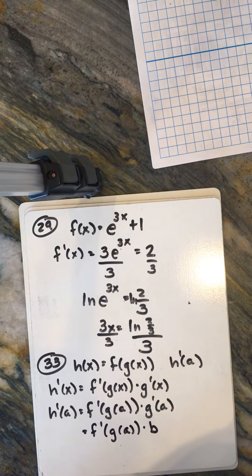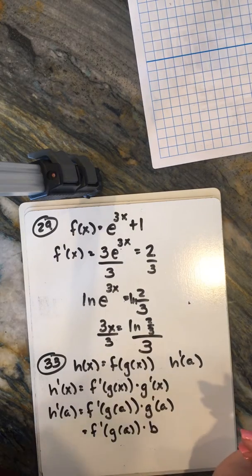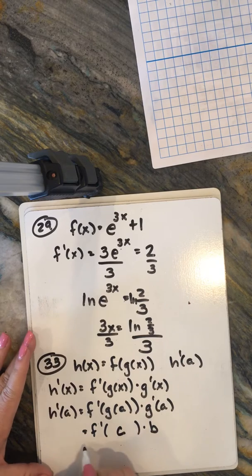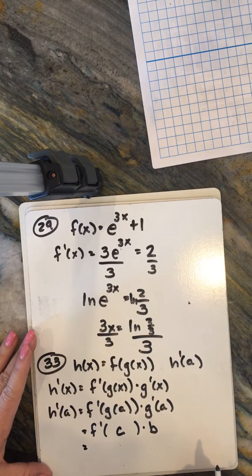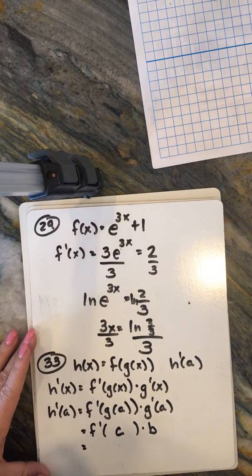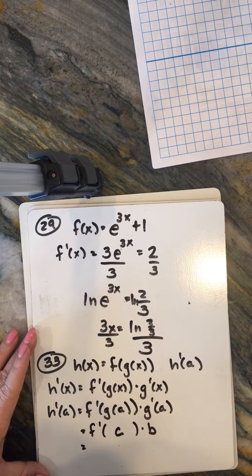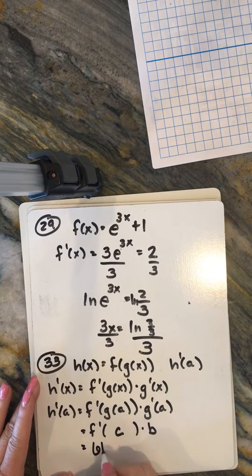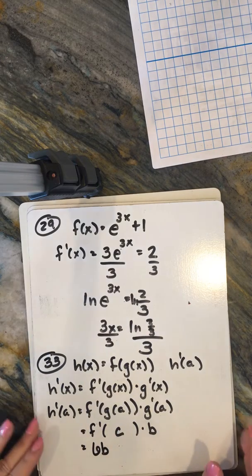And then we've got g of a is equal to c. There it is. So we can change that to c. So f prime of c equals, my eyes are so old anymore, it's hard for me to see these little primes. f prime of c is equal to 6 times b, so 6b.